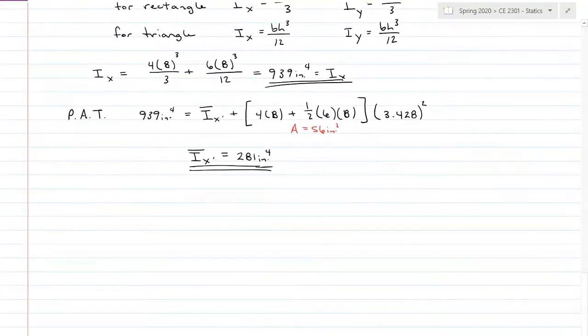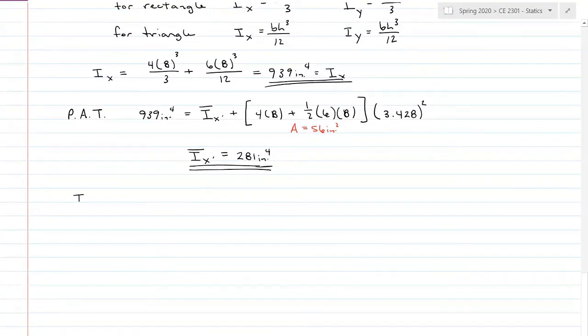And looking up my shapes, I find that y prime bar for the triangle is equal to height times base cubed divided by 36. Okay, the bar's there because this is centroidal.